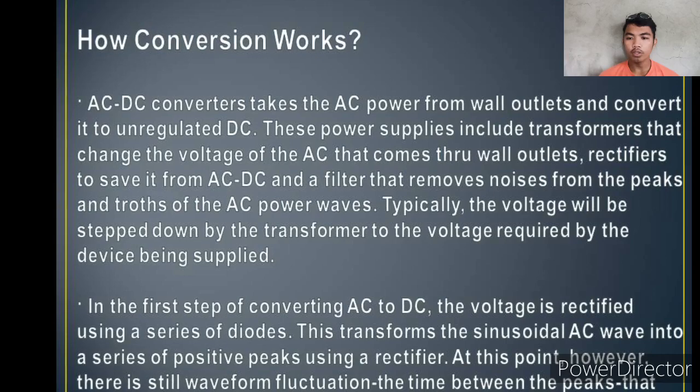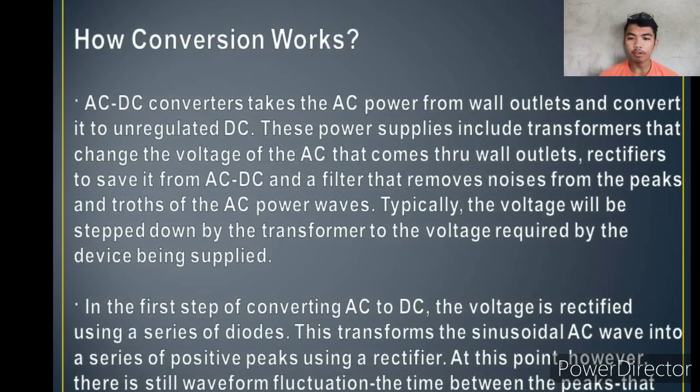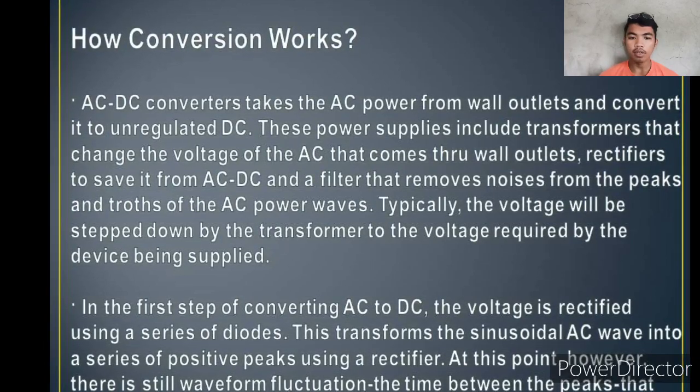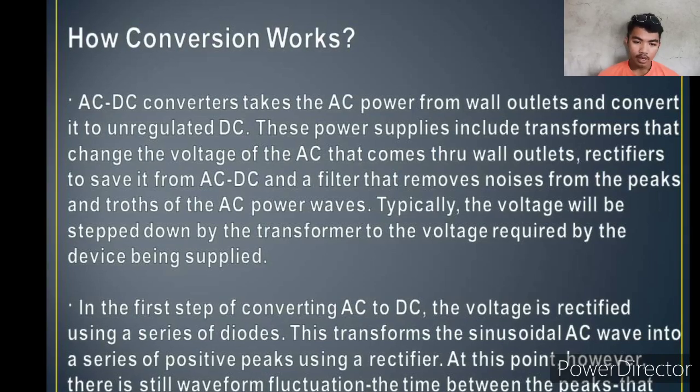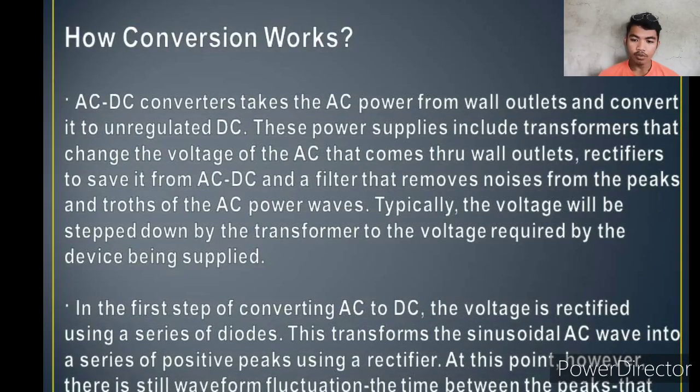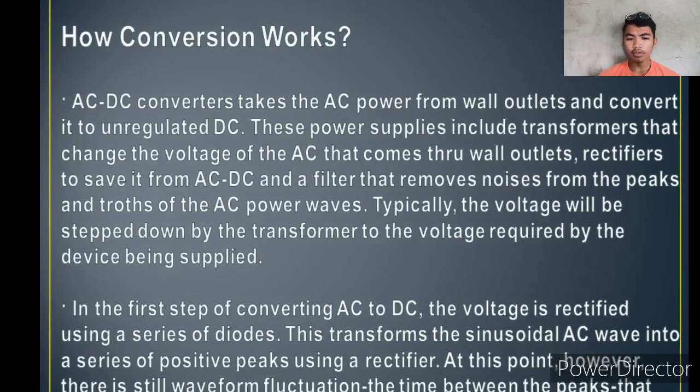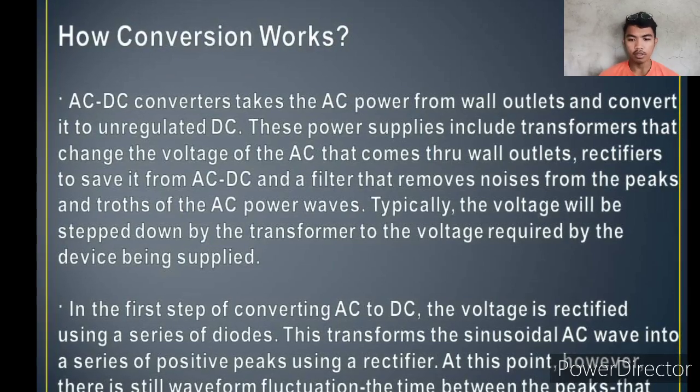Typically, the voltage will be stepped down by the transformer to the voltage required by the device being supplied. In the first step of converting AC to DC, the voltage is rectified using a series of diodes.